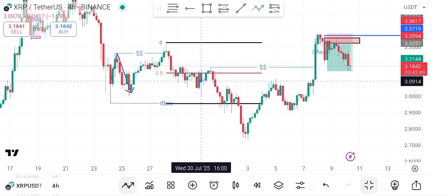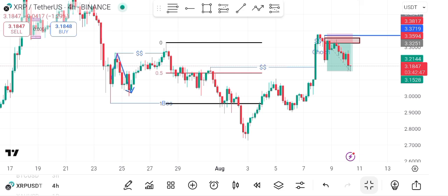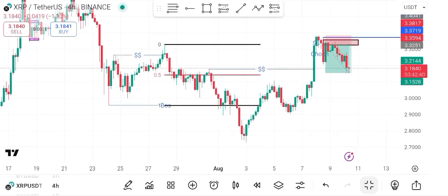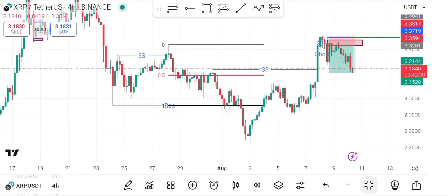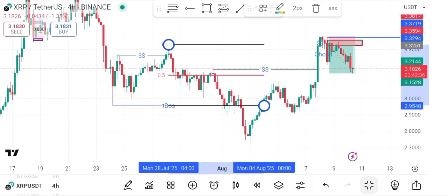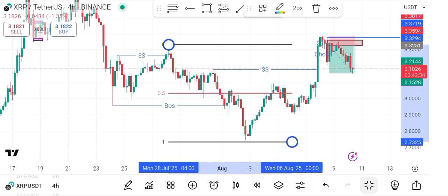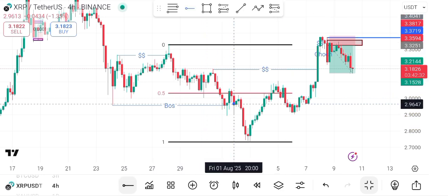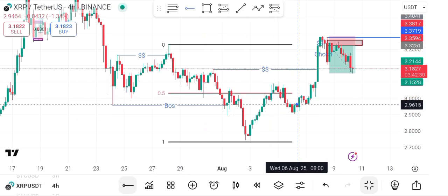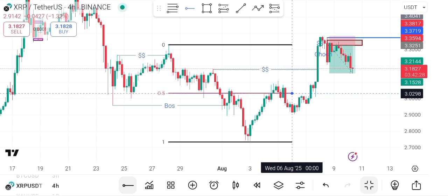So you know we are in a 4-hour time frame, and my entry is in the 15-minute time frame. Since I know my discount and premium zone, let me map it out. This is 0.5. This is 0.5 right there.